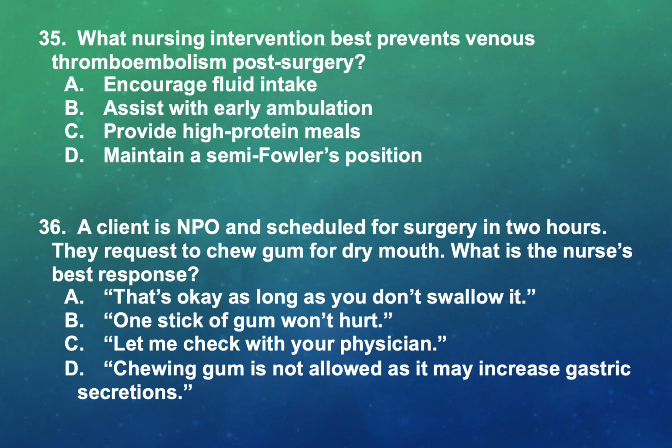Assisting the client with early, frequent ambulation helps stimulate the calf muscle pump, which increases venous return to the heart and prevents blood pooling and clot formation in the deep veins of the legs. That's number 35.